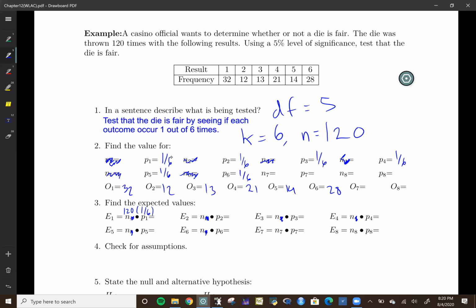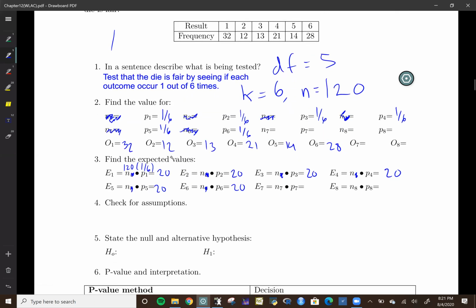The good thing about this is each one of them should be 20, because each one will be 120 times 1 out of 6. So it'll be 20, 20, 20, 20, and 20. Cool. So that's my expected value. Any question for my expected value?